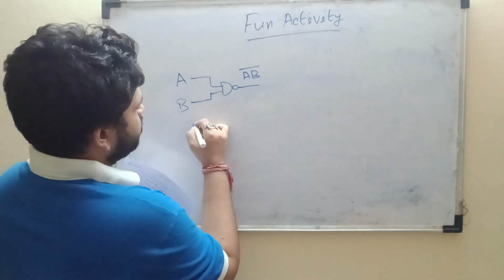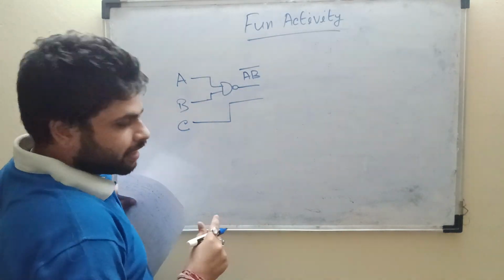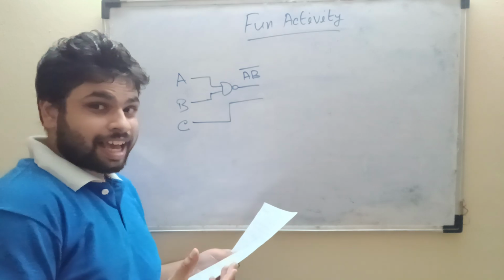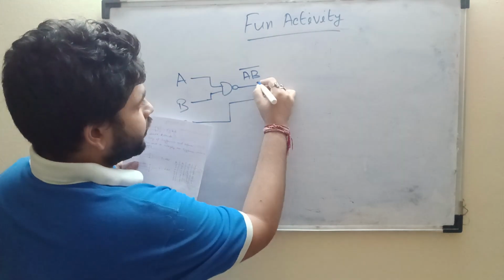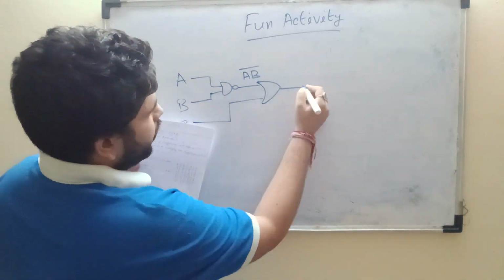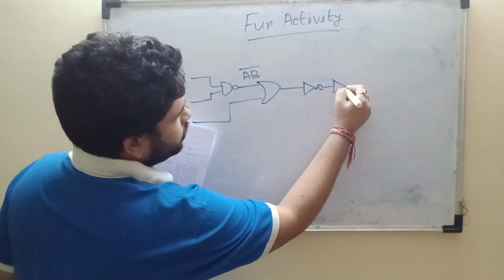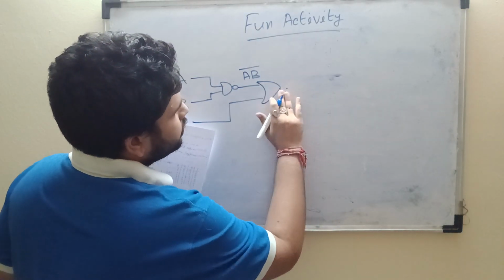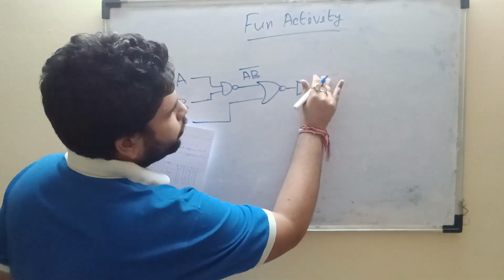Then comes a third person with them. So what will happen? They got added with C, and again a NOT gate is introduced. So let's see a NOR gate and then a NOT gate.